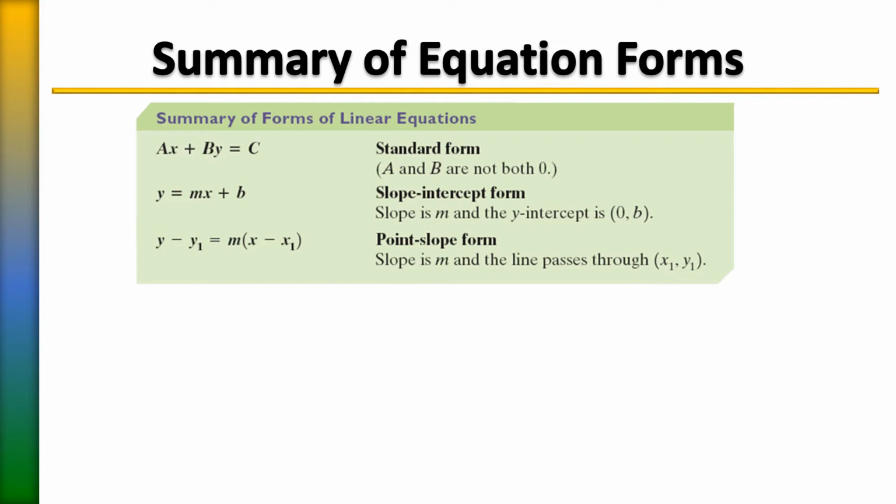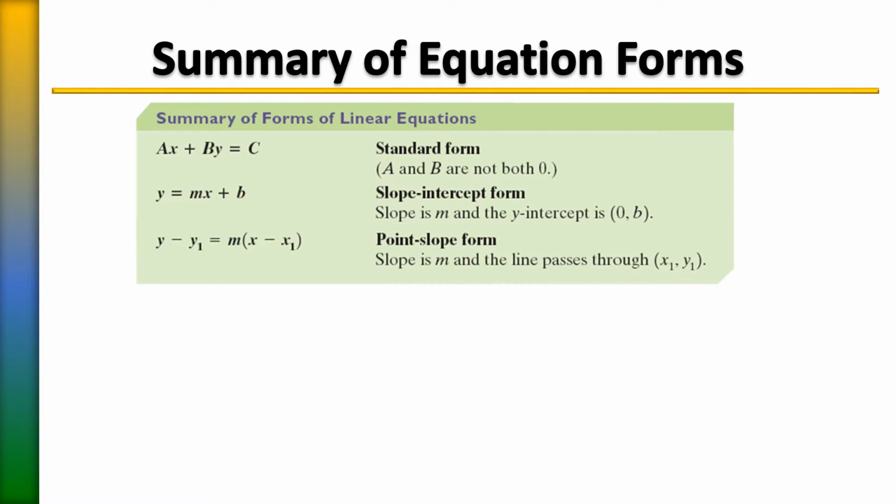You will be plugging points into the sub 1 spots only. So into x sub 1 is where you will place your x value, and into the y sub 1 is where you're going to plug in your y value. We'll talk more about that later.